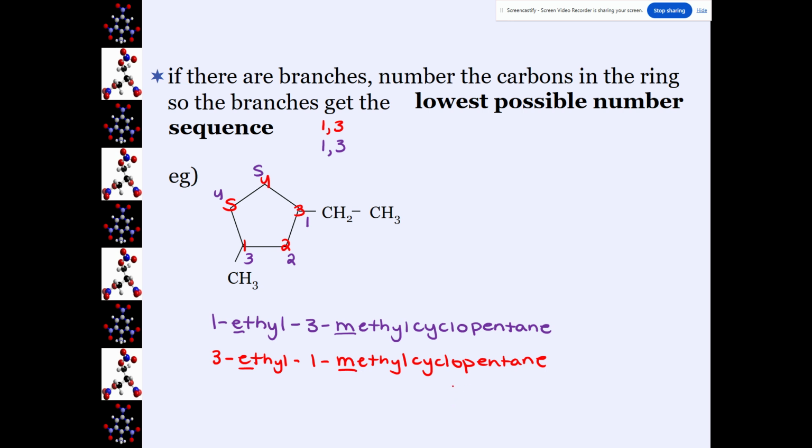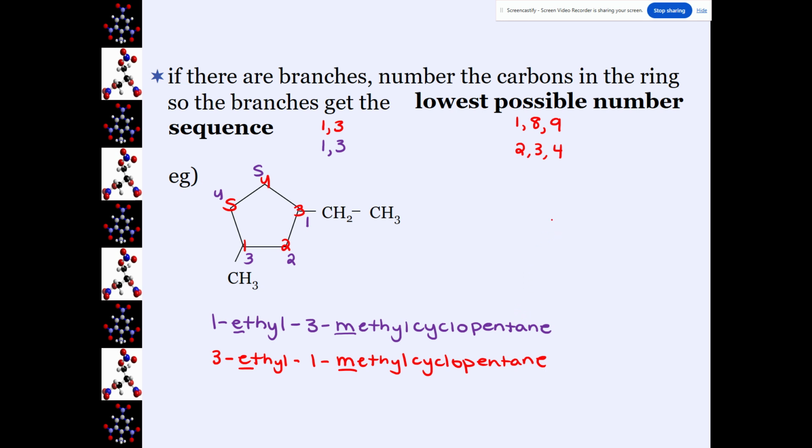Now, another thing I want to mention is the whole lowest sequence thing. You're starting at one of the branches, going clockwise and counterclockwise, looking at all the different number sequences you get for your branches. If I go one way and get a 1, 8, and 9 on my branches, go another way and get 2, 3, and 4, the question is, which is the lowest number sequence?